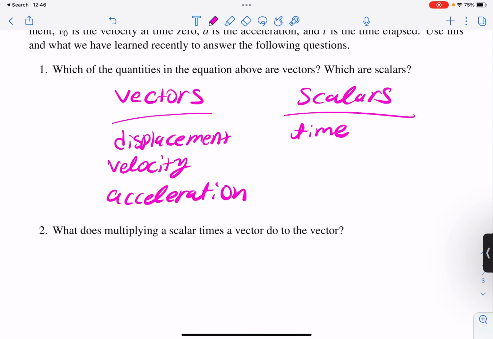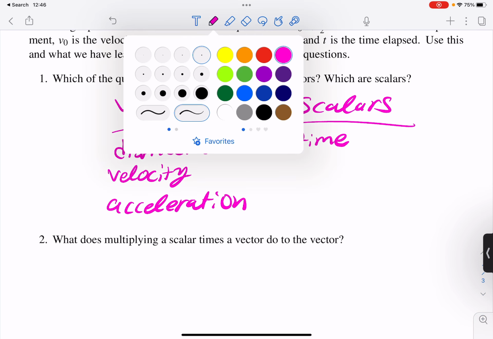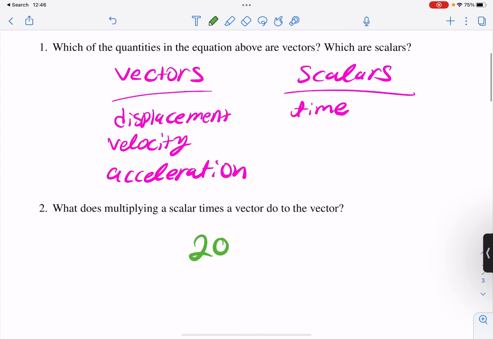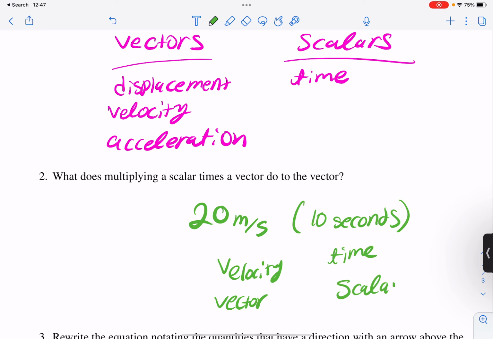So, what does multiplying a scalar times a vector do to it? Let's say we were moving 20 meters per second. So this would be a velocity, which is a vector. And we multiply it by 10 seconds, which is time, which is a scalar.